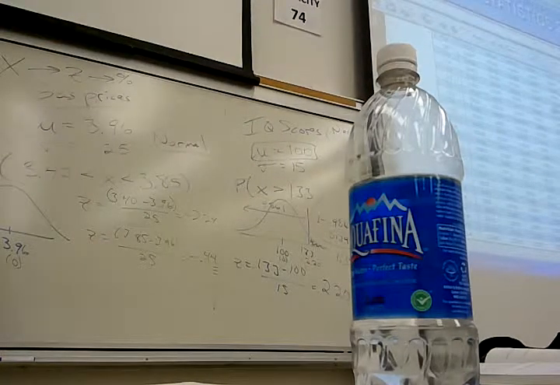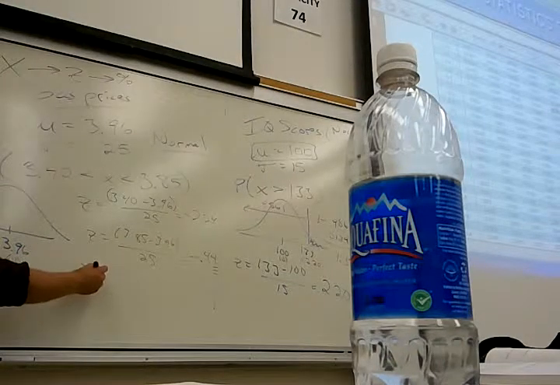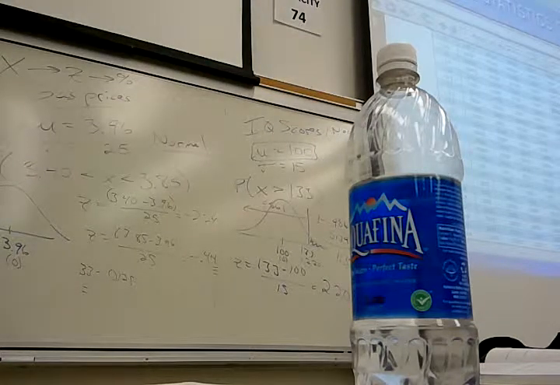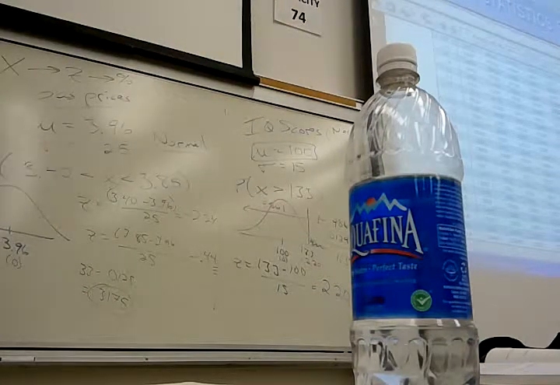So what's the area that we want? Which is also the same thing as the probability that we want. 0.33 minus 0.0125. 0.3175. So 32%.